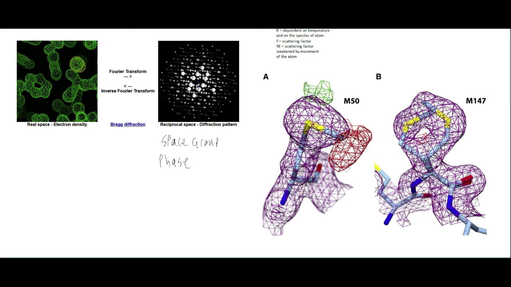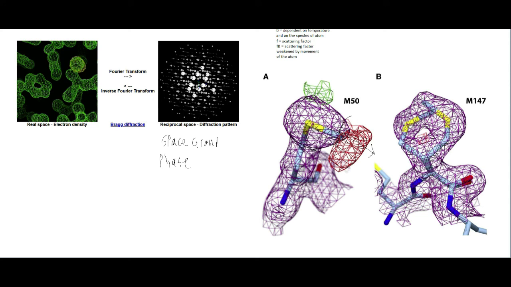And so here we see in this purple the well modeled electron density. What we want to pay attention to here is that we have this green mesh and this red mesh. What that means is that the red mesh is, you can see here we've modeled this atom down here from our side chain to be pointing in this direction.